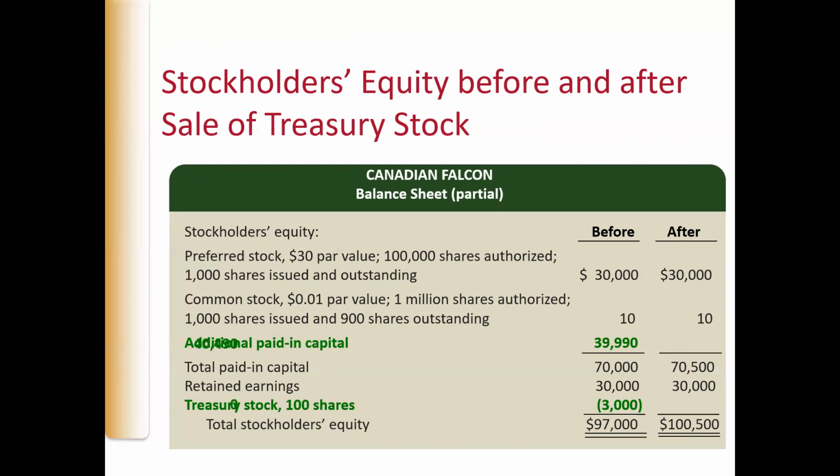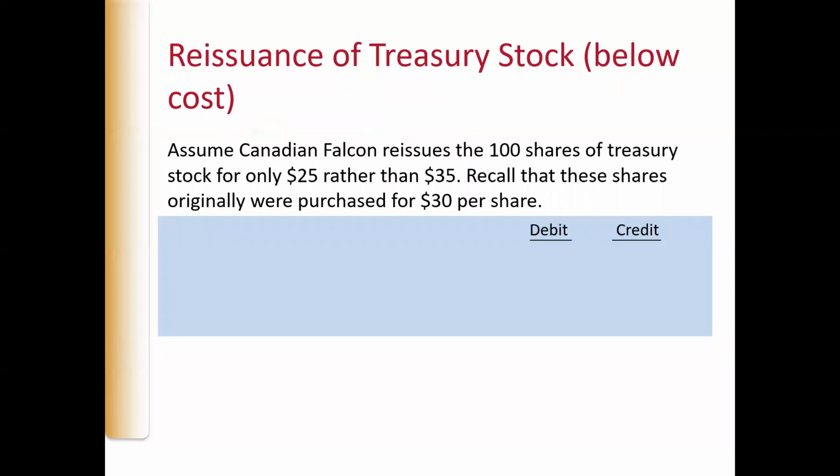So after reissuing it, you see how our stockholders' equity has increased. So what happens now if we reissue treasury stock below what we purchased it for? We initially purchased it for 30. But this example shows that we reissued it for 25, under what we had initially purchased it for.